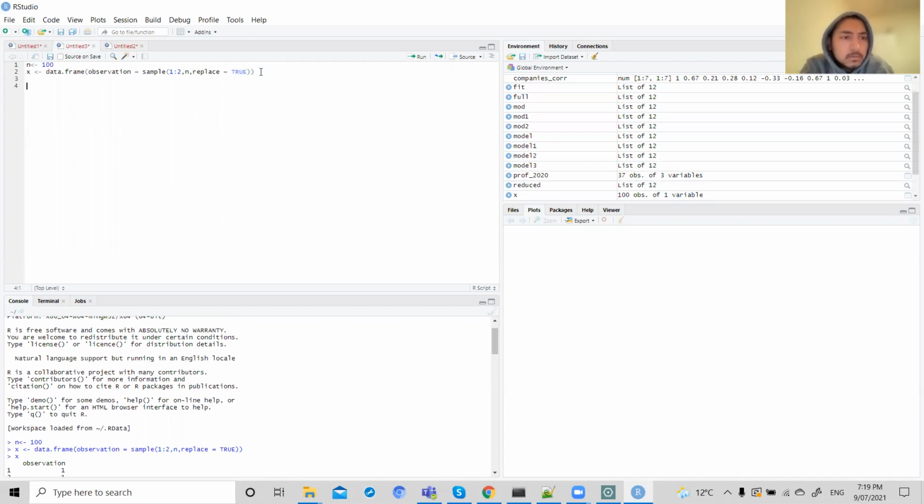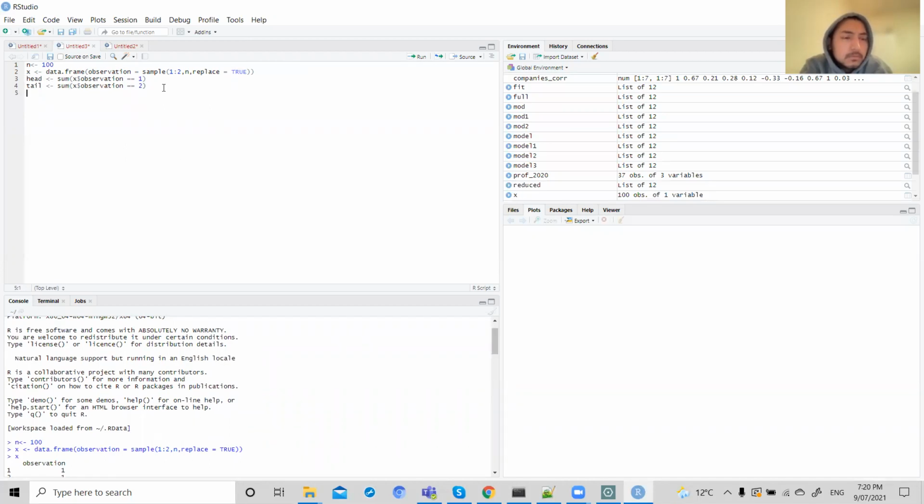So your total head count will be the sum of x where the observation equals 1. Likewise, your tail will be the sum of observations equal to 2.